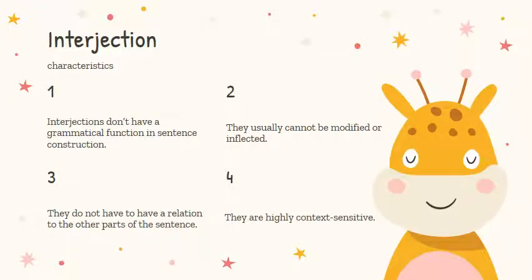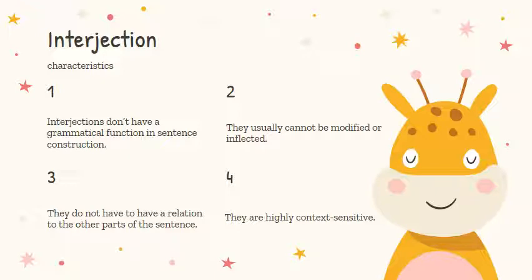So there are 4 rules of interjection that you have to know. There are 4 characteristics of interjection. Rule number 1. Interjections don't have a grammatical function in a sentence. Rule number 2.